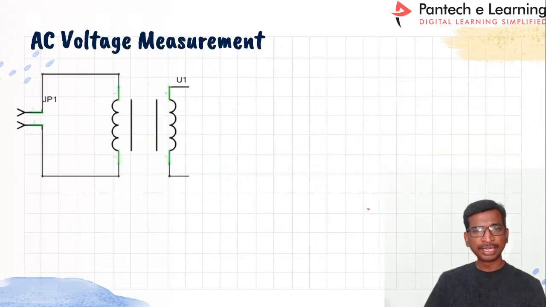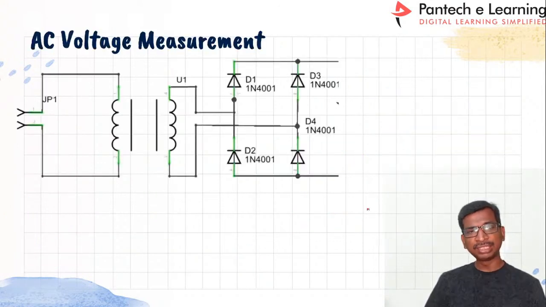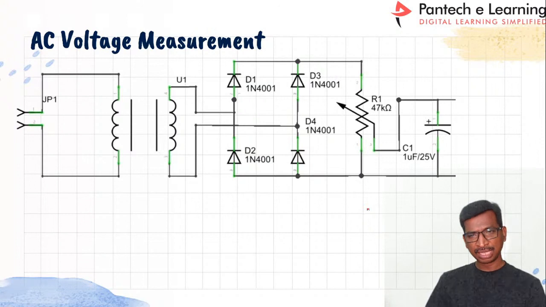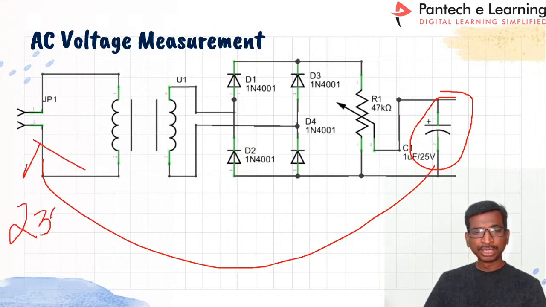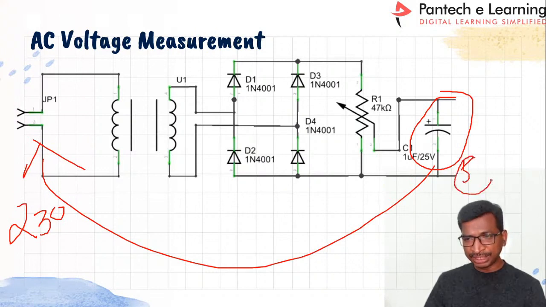Right? And similarly, another method is the AC full bridge method. The secondary part of the transformer is connected to a full bridge rectifier, and after the rectifier you can connect a variable load resistance, and across the capacitance you get a voltage that is equal to the input voltage. Let us take this as 230 volts, and here we take 5 volts. So the 5 volts denotes the 230 volts. If 5 volts is available here, it means 230 volts is available at the primary.